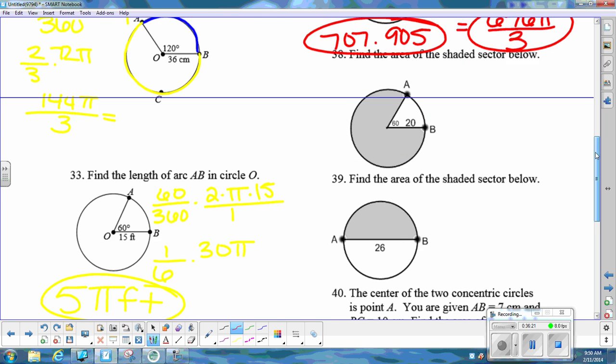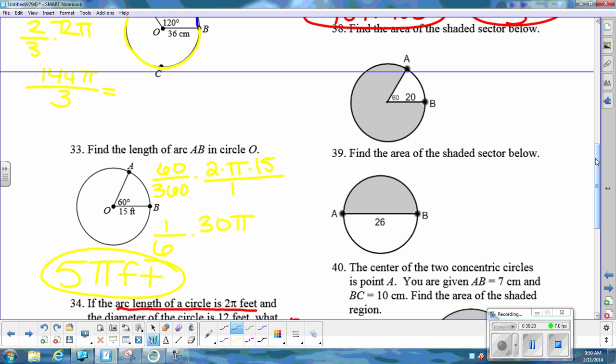All right, number 38. Again, we have the angle of the unshaded part, but we want the shaded, so we want all of this piece. Since the angle we do know is 60, our central angle is 300.